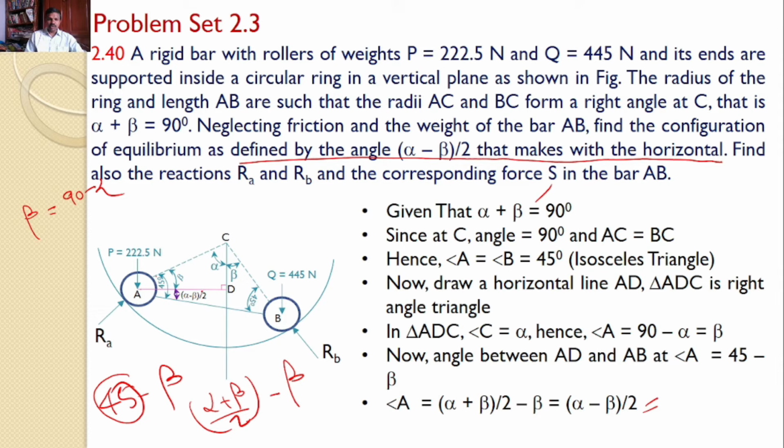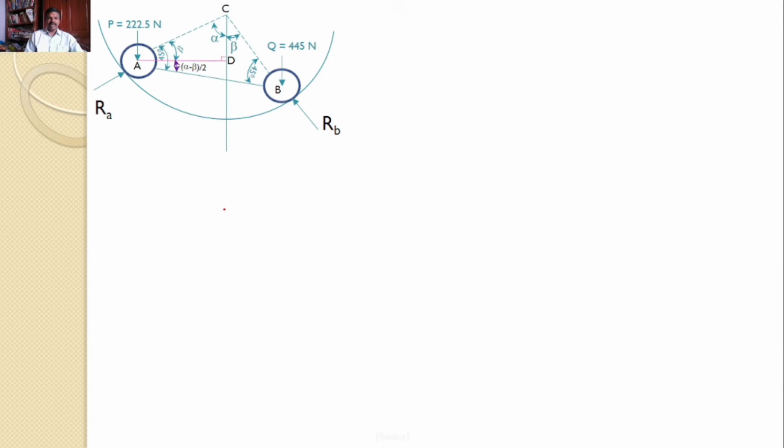Now our interest is to find the value of alpha minus beta by 2, RA, RB and the force in AB. For that, let us draw the free body diagram of roller A and roller B. First of all, let us see what are the various forces acting on roller A. Clearly we can see the self weight, that is 222.5 newtons, acts downwards.